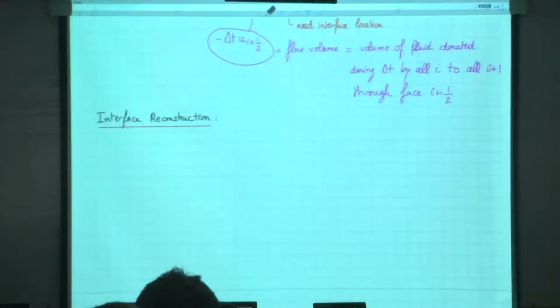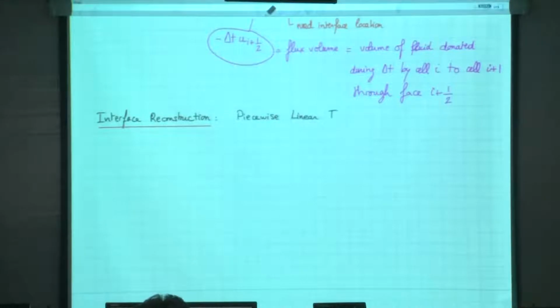We're going to go to the next step and do directly what we call piecewise linear interface calculation. So we're going to look for a general planar representation of an interface within itself. So we're going to do piecewise linear interface calculation.